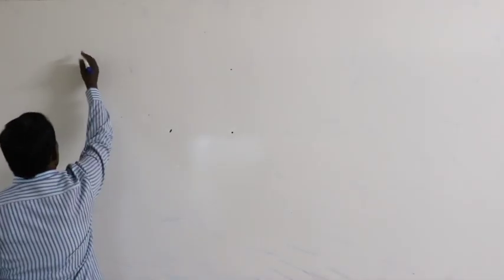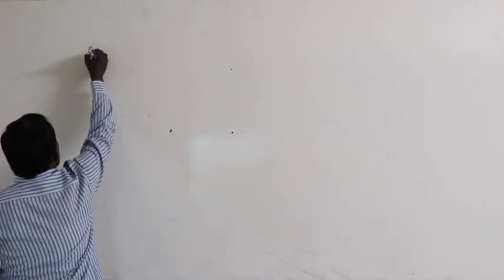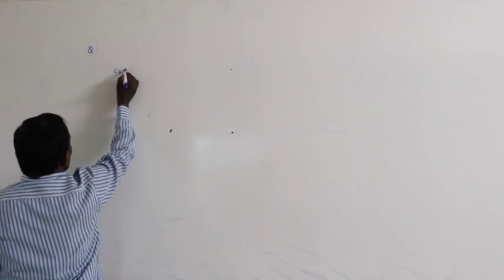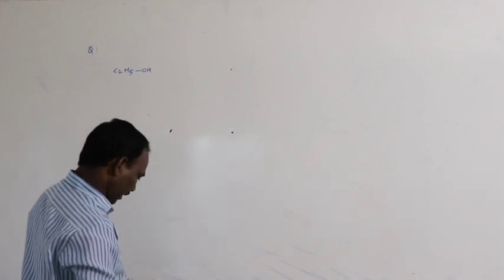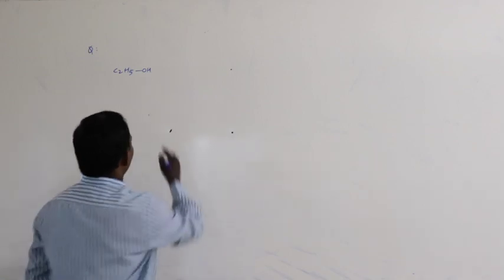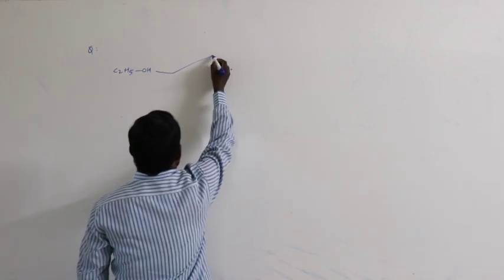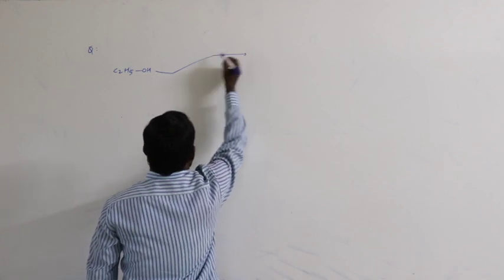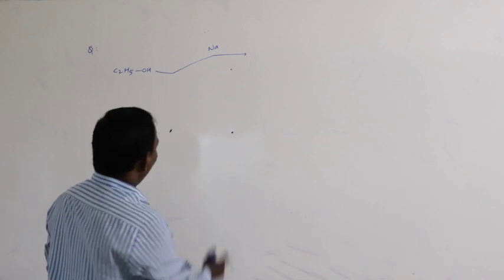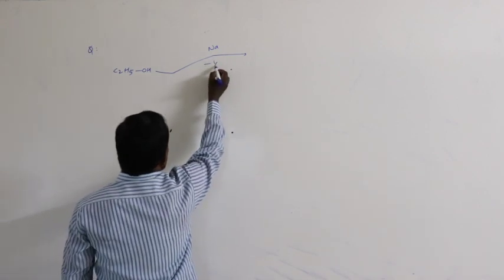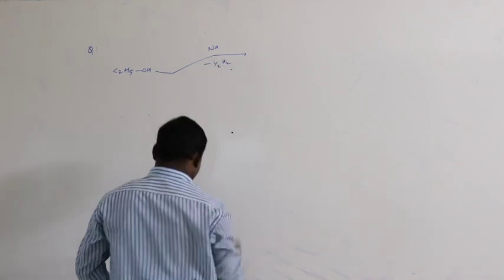C2H5OH, ethyl alcohol, is treated with sodium metal, releasing half mole of hydrogen.